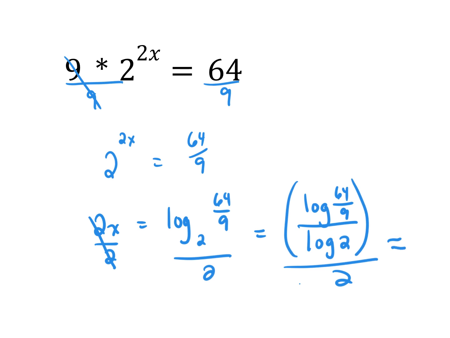That'll give us our value. You could also get the answer to this and then divide it by 2 in the next step. All those would be fine. I get about 1.42.